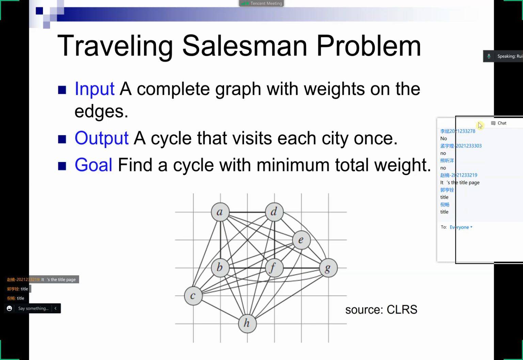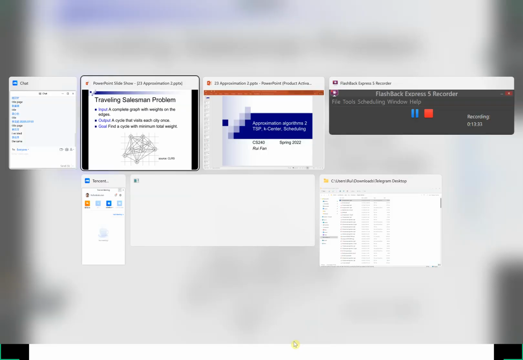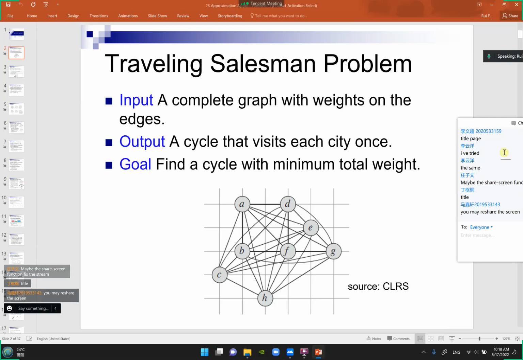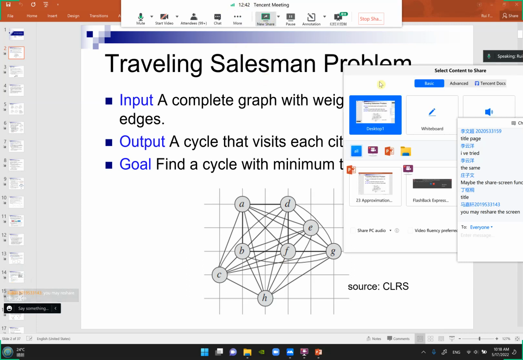Can you try to log in again or something? I haven't had this problem before, so I'm not really sure what to do. Can you try logging out and then coming back in? Okay, I don't have anything weird with my internet connection right now. You can reshare the screen. All right, let me try that. Let me stop the screen sharing and then reshare.